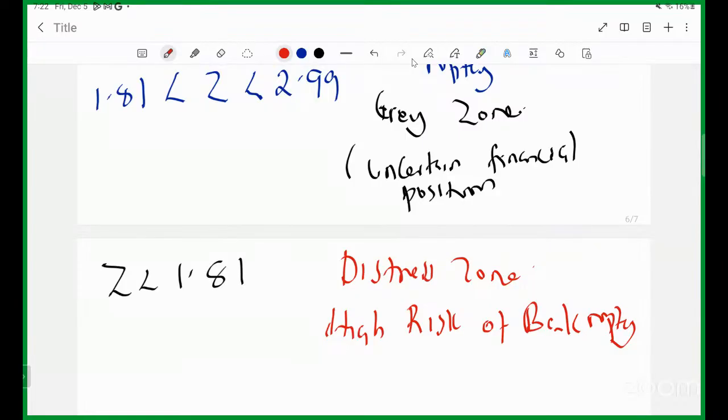Now, this question was very clear. They said, using the Altman Z-score, evaluate LDC's risk of bankruptcy from the investor's perspective.